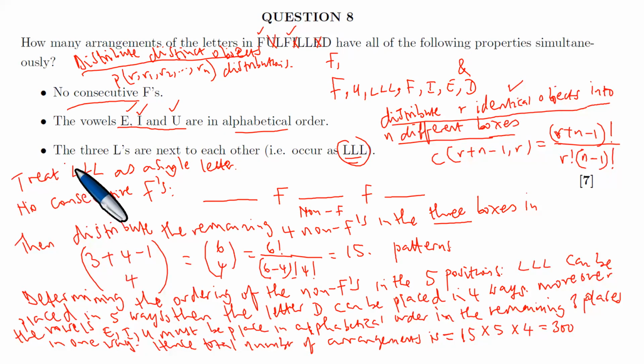And we have analyzed that, and we shall proceed to analyze it wherever we wrote it in the solution. Right, the 3 L's are next to each other, so they form one symbol. So if they form one symbol, I looked at this word and I put the first F, and then I put U, and then I grouped all the 3 L's, and then there is another F, and there is I, there is E, and there is the letter D. All right.